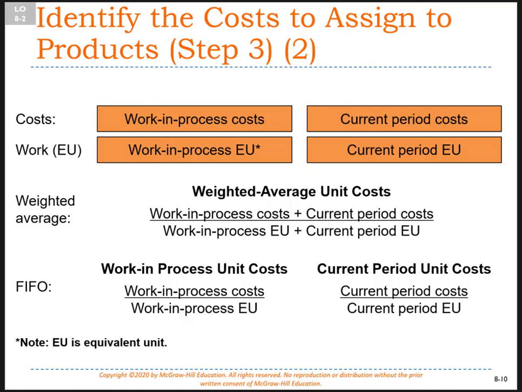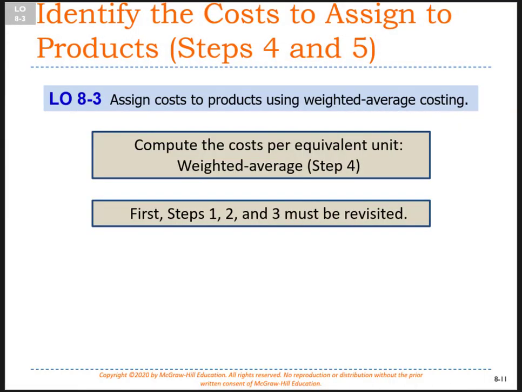So it kind of blends the beginning and the current. FIFO separates the two. That's the difference. And it calculates the equivalent units and the cost per equivalent unit a little differently.